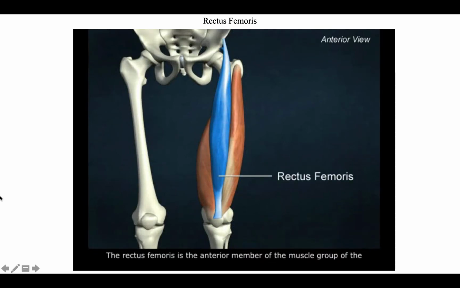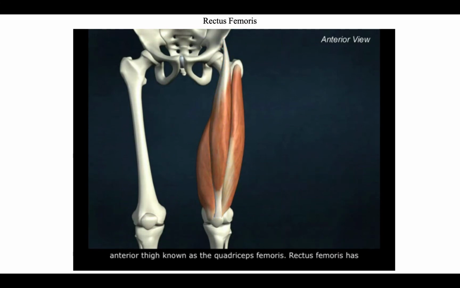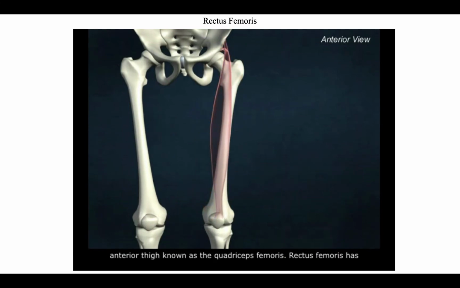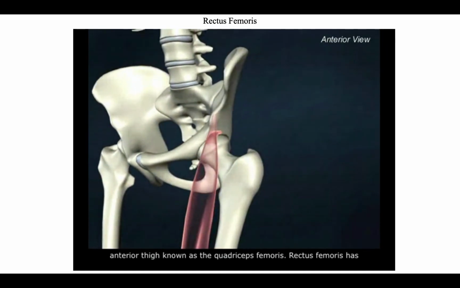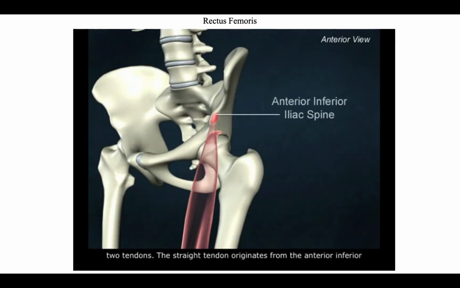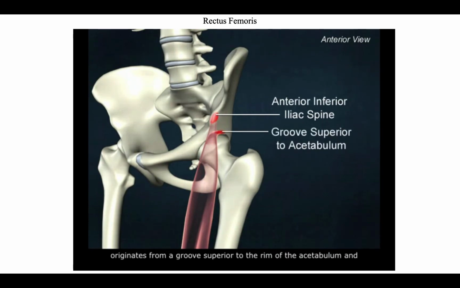The rectus femoris is the anterior member of the muscle group of the anterior thigh known as the quadriceps femoris. Rectus femoris has two tendons. The straight tendon originates from the anterior inferior iliac spine and gives rise to the straight head. The reflected tendon originates from a groove superior to the rim of the acetabulum and gives rise to the reflected head.